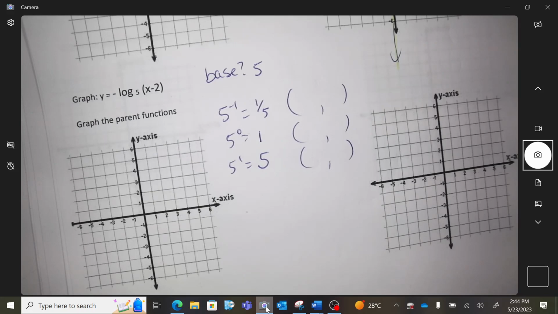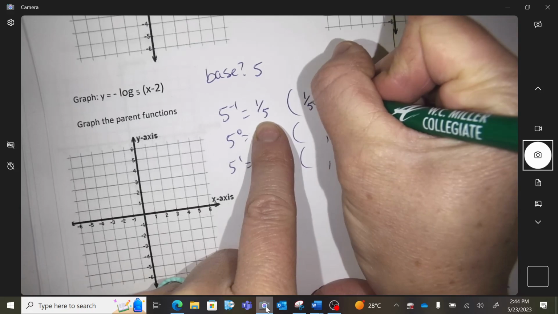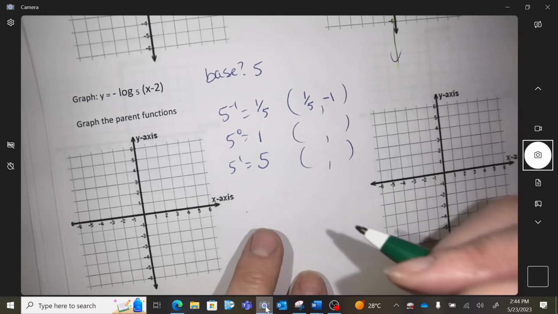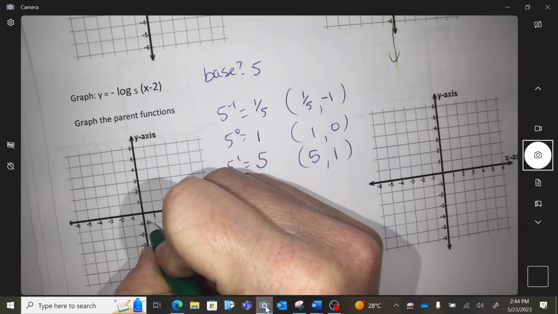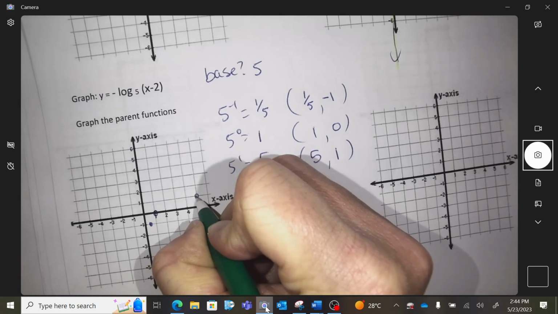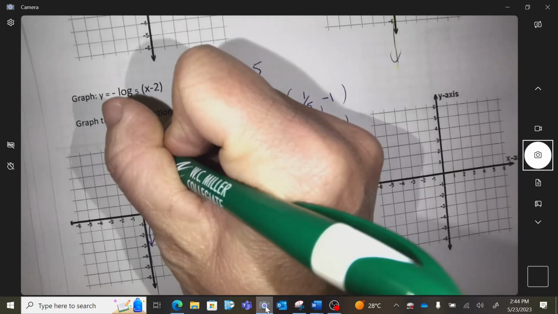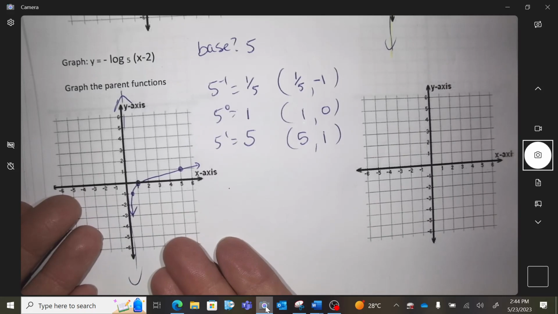So, input, output. You ready? The first coordinate is going to be 1/5, -1. So do you see the difference? That's the only thing I'm changing. Instead of exponential, I'm writing that with the output first and then the input. 1, 0, and 5, 1. So just a super quick sketch of what a basic log graph looks like.